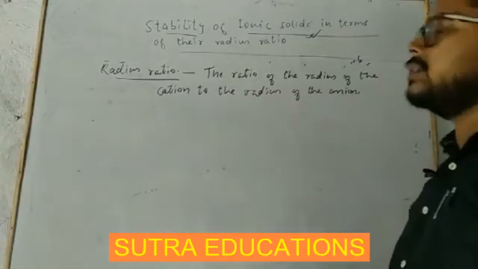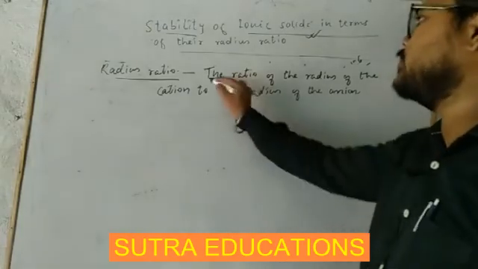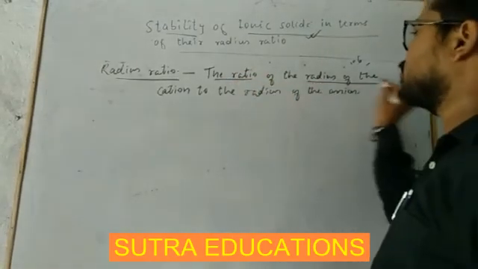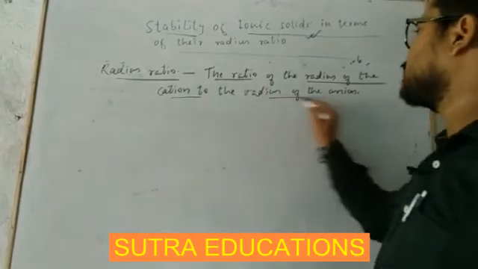Got it? What is radius ratio? It is the ratio of the radius of the cation to the radius of the anion.